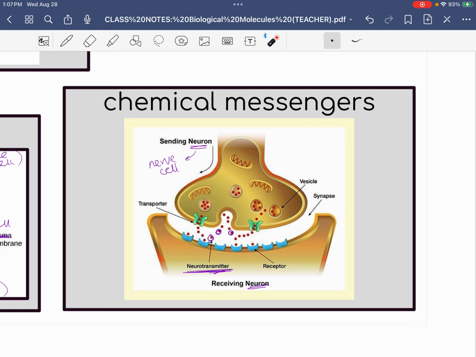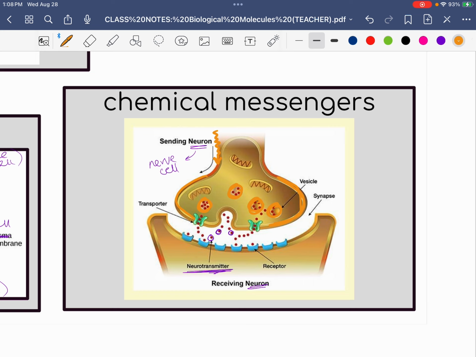An electrical signal comes down the nerve cell. When that electrical signal gets to the end of that nerve cell, there are all these little bubbles called vesicles, and they're full of a protein called a neurotransmitter.